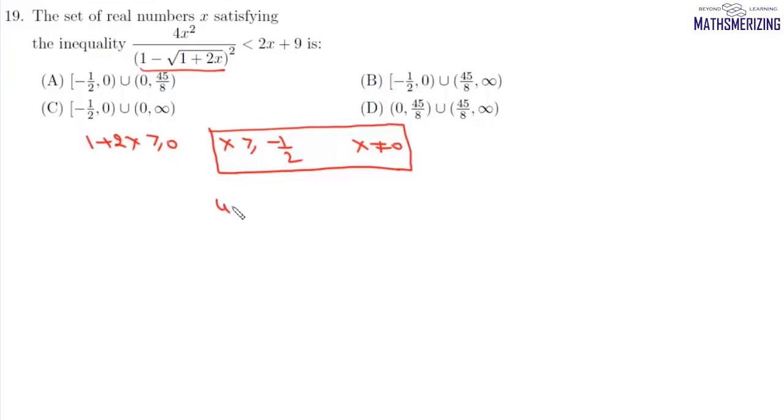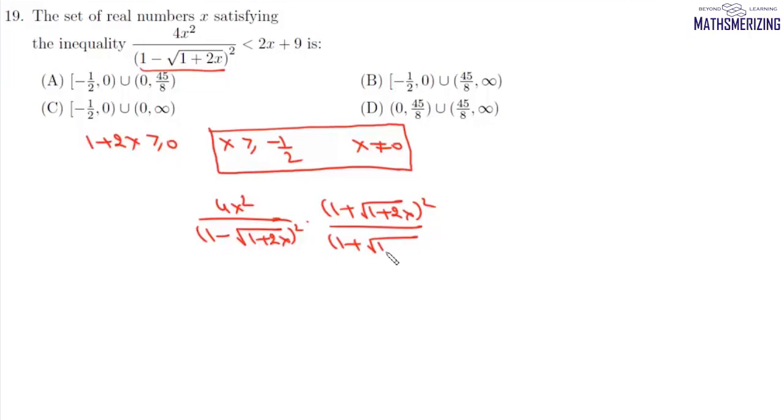Now what we'll do is, we'll write this as 4x square upon 1 minus under root of (1 plus 2x) whole square, and we'll multiply and divide with its conjugate. So we'll write (1 plus under root of (1 plus 2x) whole square) upon (1 plus under root of (1 plus 2x) whole square), and it will be less than 2x plus 9.